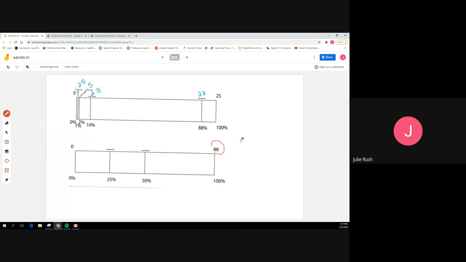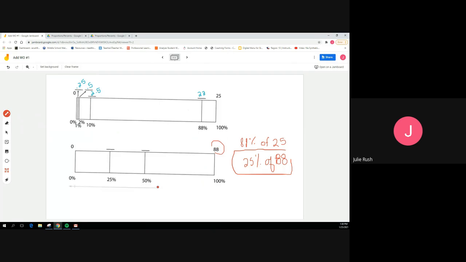So they are going to solve 88% of 25, because we know that that is the same thing as 25% of 88. You can switch your percent and your total, and your percent will stay the same. So this is what this student is doing here, because they're using the 88 as their total.